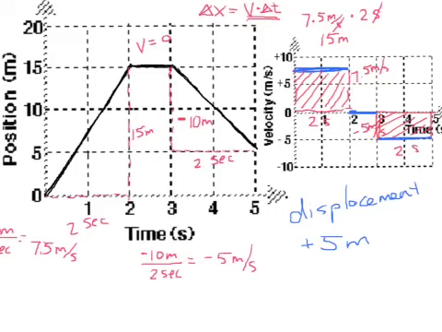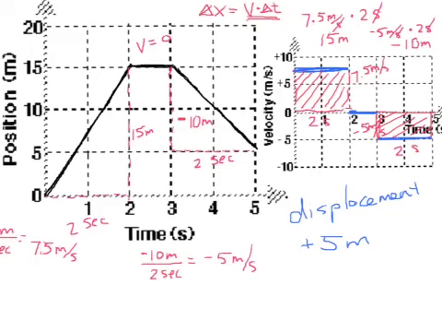So now we say that we have -5 meters for every second times 2-second time interval. Our seconds will cancel, and we have a -10 meters of displacement.